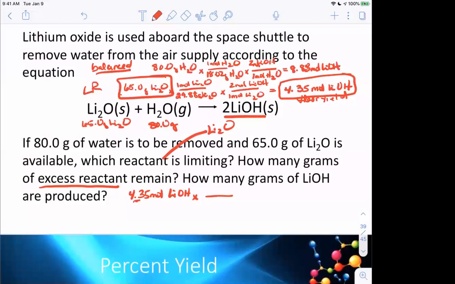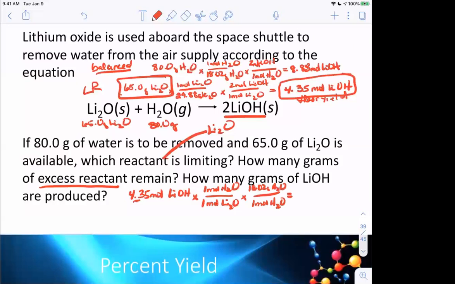So if I know that's the limiting, I can backtrack and calculate how much water was used to produce that amount. So for every 1 mole of H2O, I use 1 mole of Li2O, and I'm going to go ahead and get grams. For every 1 mole of H2O, I have 18.02 grams of H2O.